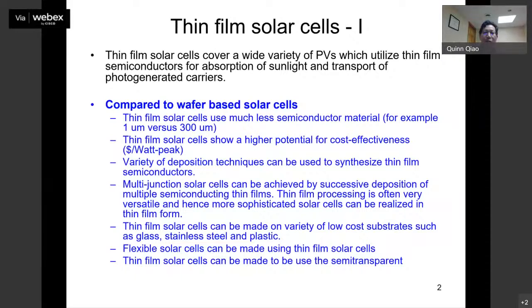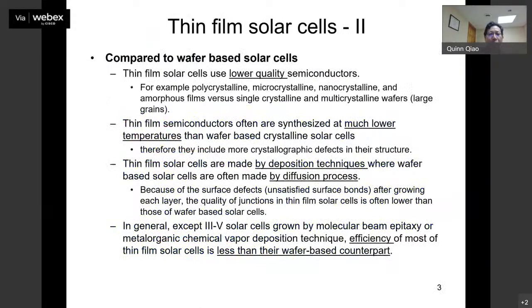Okay. So this one I'm talking about different depositions, right? Thickness gets reduced, so the efficiency will be lower, but it can be more cost effective because it's cheaper, and you can use different substrates. That's what we discussed. And then thin film solar cells become flexible solar cells, this is a key point. The material has lower quality because now you don't use high temperature.